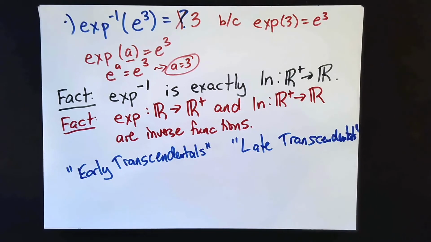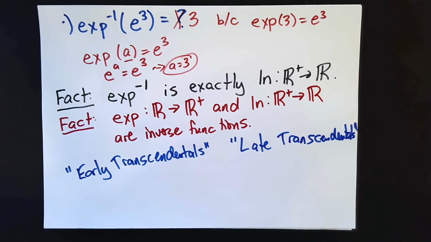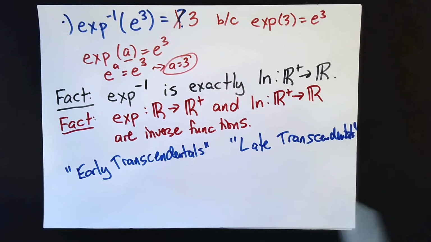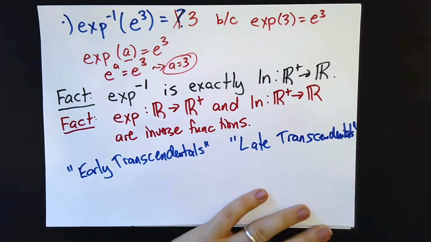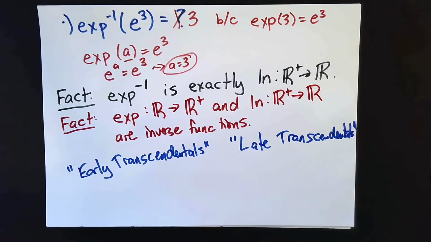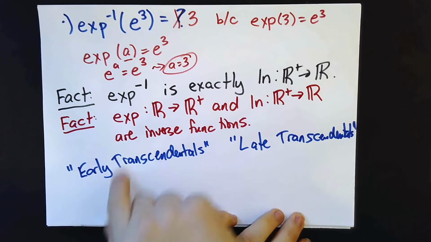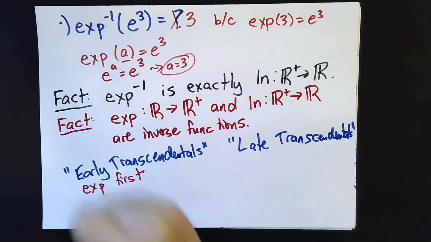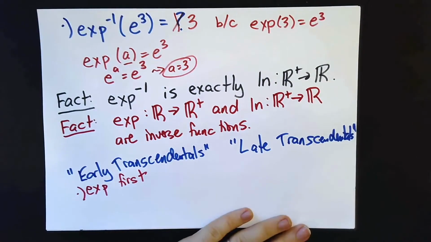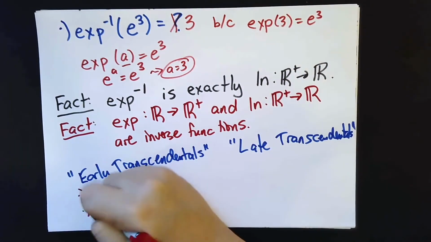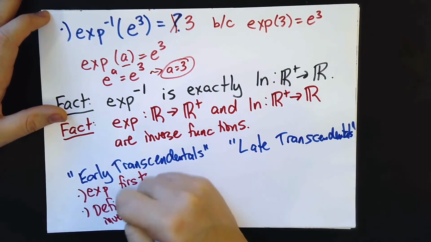And probably some professor made some deal about making sure that you got the right one of these two. So what's the difference between early transcendentals and late transcendentals? Well, the difference is, it turns out, which function you introduce first. In early transcendentals, you introduce the function exp first. And then, after you've introduced the function exp, then you define natural log to be its inverse.